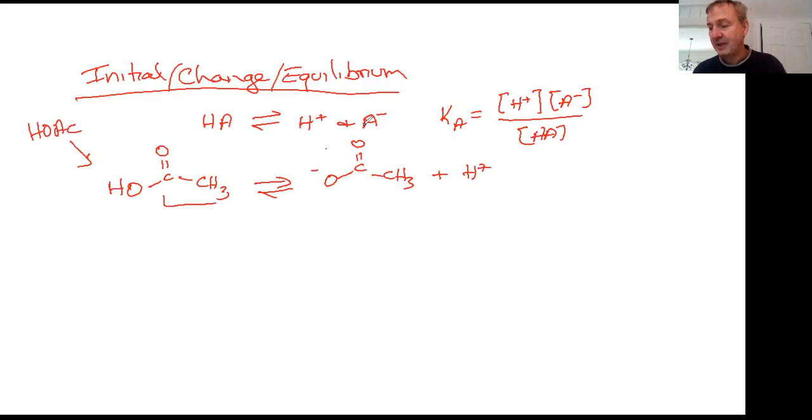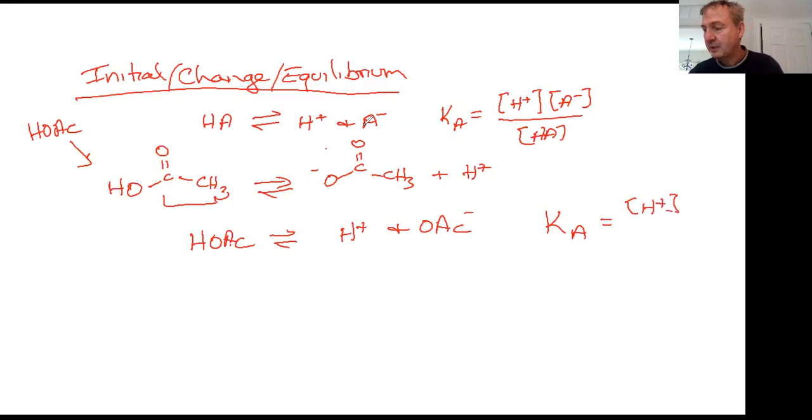That's the acetate, a famous little bit of molecule. You'll see that all over the place in organic chemistry. So let's write this more simply. HOAc equilibrium H plus and OAc minus. And so the Ka is H plus, OAc minus, over HOAc.